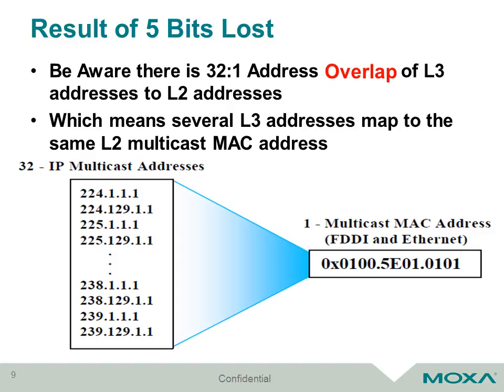Since these 5 bits of the IP address are not being used to map Layer 3 to Layer 2 addresses, the result is that there will be 32 IP addresses mapping to 1 MAC address. As you can see from the following figure, there are 32 addresses mapped to the same multicast MAC address.